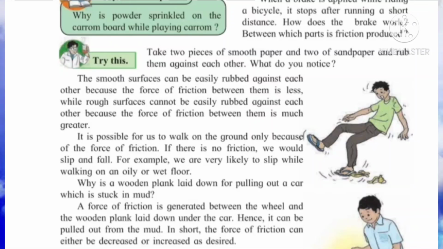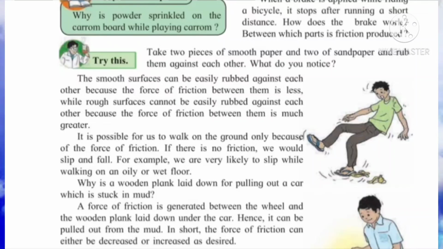Understood everyone? Now a wooden plank is sometimes used for pulling out a car which is stuck in mud. Suppose a car gets stuck in mud and we have to pull it out. How can we pull out that car from the mud? We use a wooden plank.